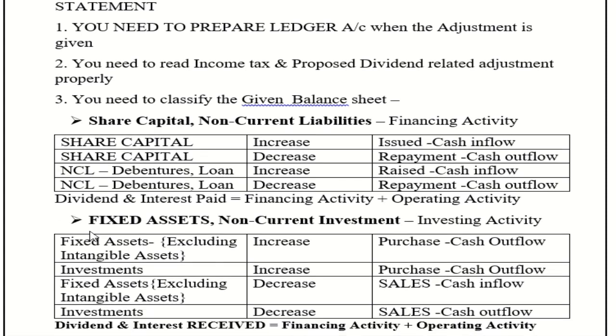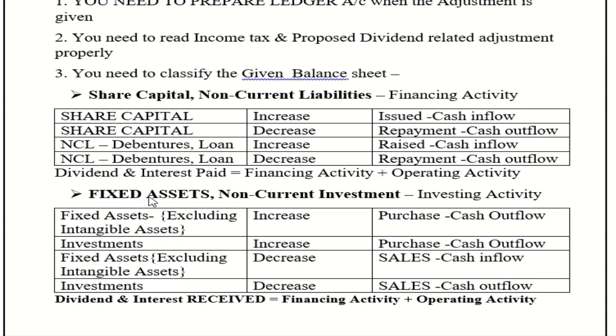And next, fixed assets. On the asset side, fixed assets like building, land, furniture, etc., and non-current investment, which is a long-term investment, are investing activities. This excludes intangible assets, a very important point.